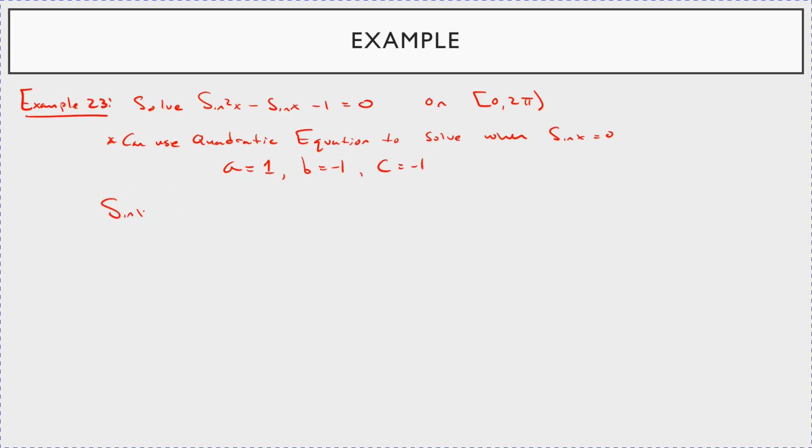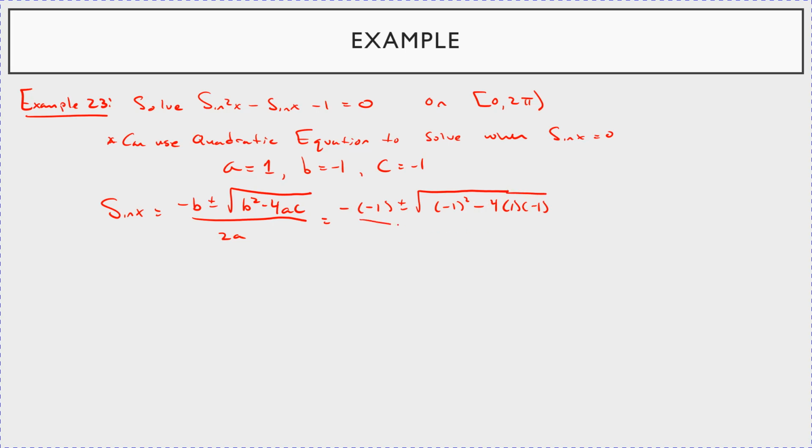So sine of x is equal to -b plus or minus the square root of b squared minus 4ac all over 2a. So -b, that's -1, plus or minus the square root of -1 squared minus 4 times 1 times -1 all over 2 times 1.